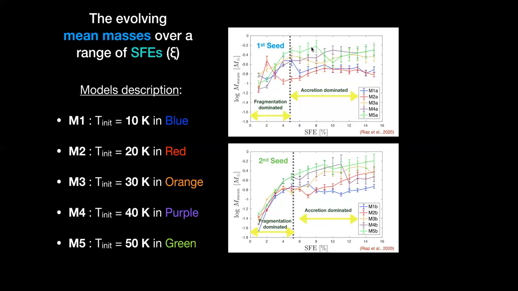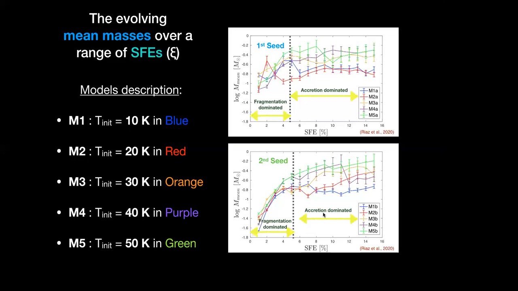So the CMB contribution is fairly visible over here in terms of the mean masses, but this is only possible when you reach a specific star formation efficiency. Precisely speaking, it is 5% and beyond that. So we analyzed our simulations, and we also considered the second seed value, and we find the same trend.